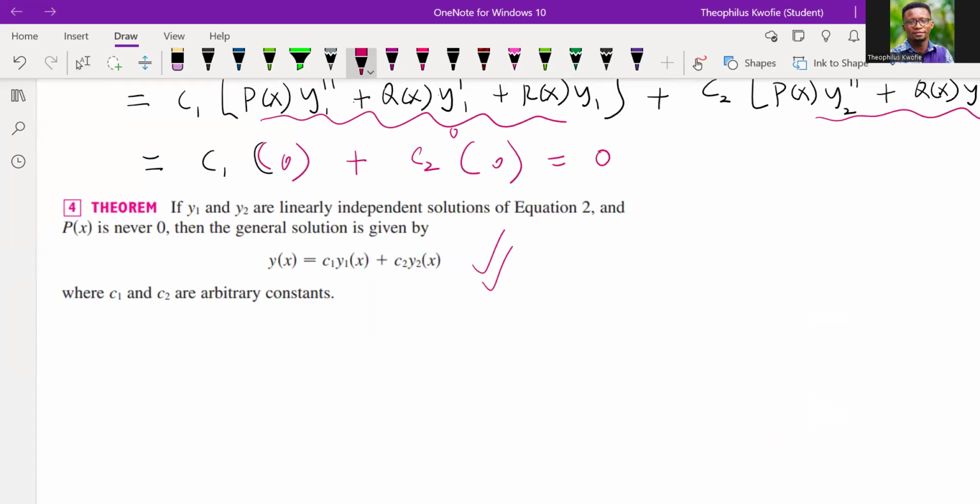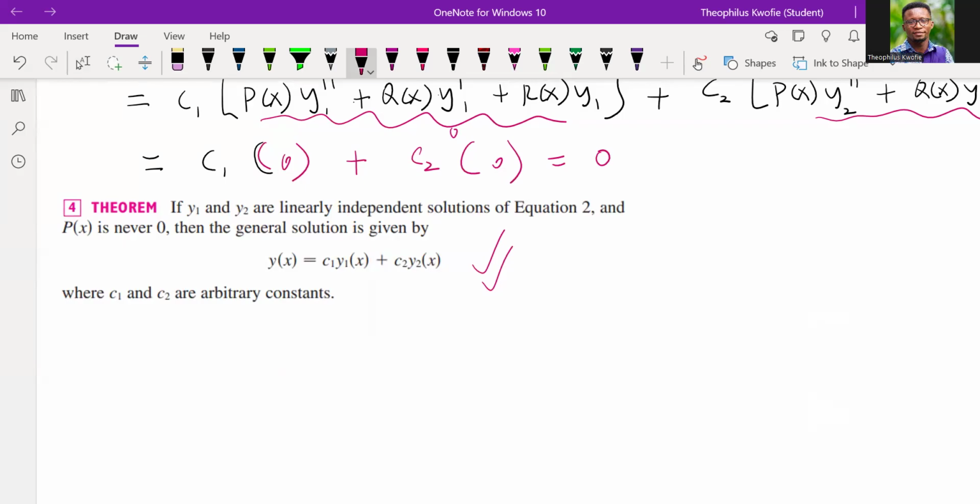So they are not functions, they are just any constants, could be some real numbers, so to speak. Let's look at other interesting things we can take from here. Now, this is very powerful because if we know two particular linearly independent solutions, then we know every solution, right?